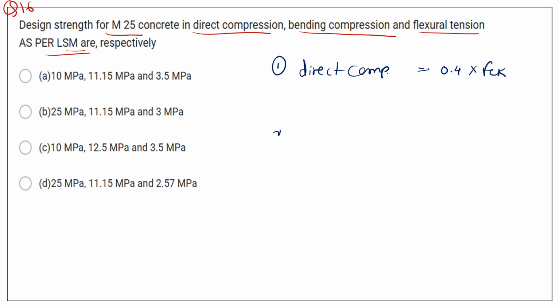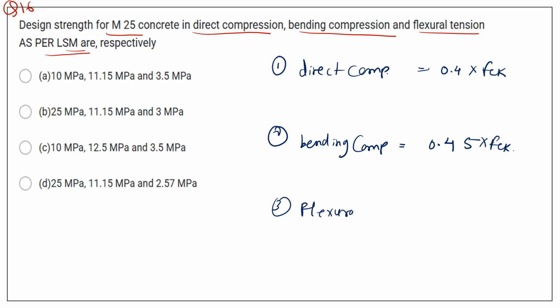Second, for bending compression, it is 0.45 into FCK. Third, for flexural tension, it is 0.7 square root of FCK.